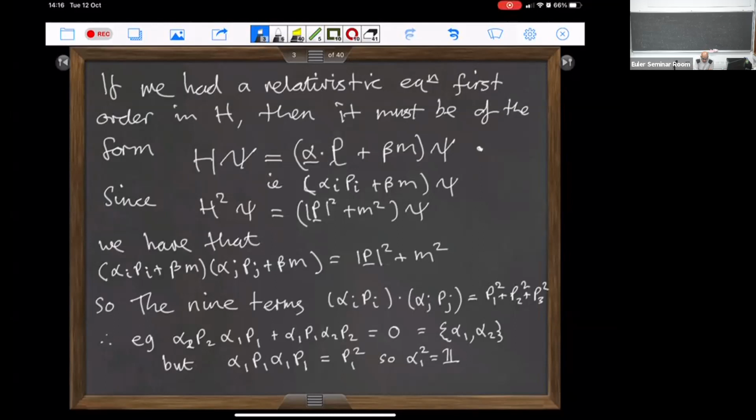So there'll be some coefficients, alpha 1, alpha 2, alpha 3. And then it could also be linear in the mass, because at rest, the Hamiltonian in an eigenstate should give you the mass of a particle, for example.